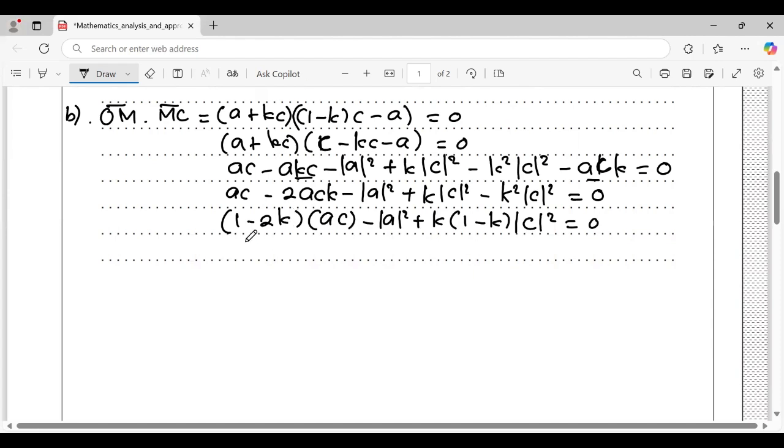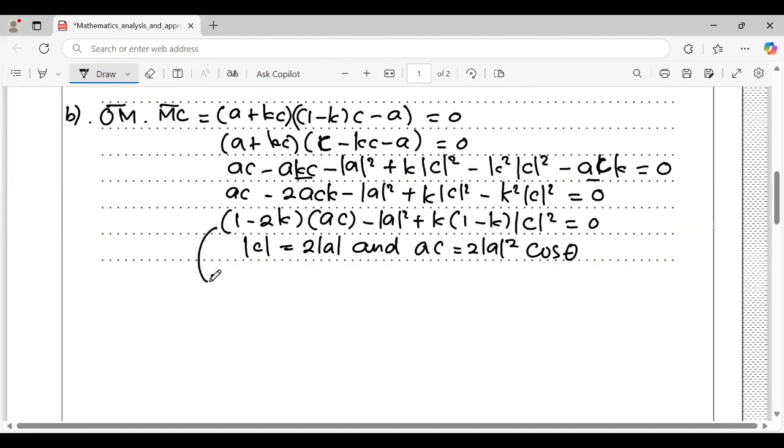According to the information, modulus C equals 2 modulus A, and AC equals 2 modulus A squared cos theta. Now substitute this information into this equation.